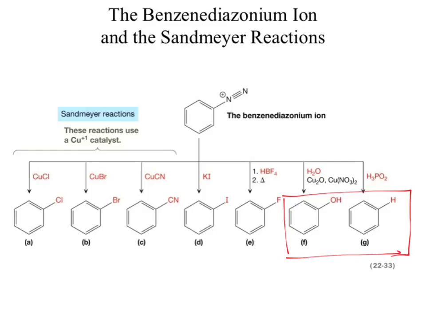Doesn't really have anything to do with leaving group ability. How did we get the diazonium compound? Where did that come from?